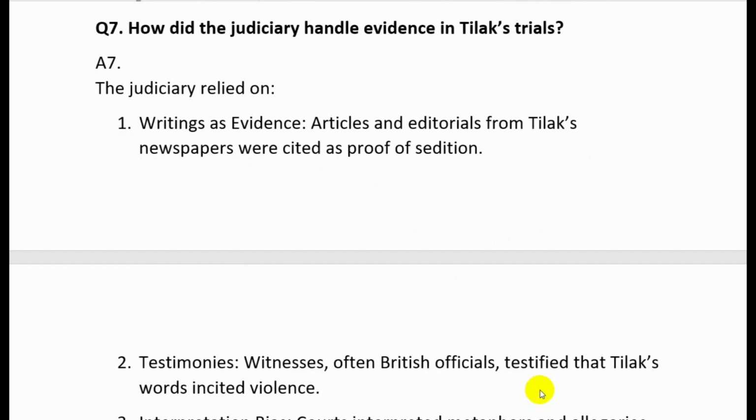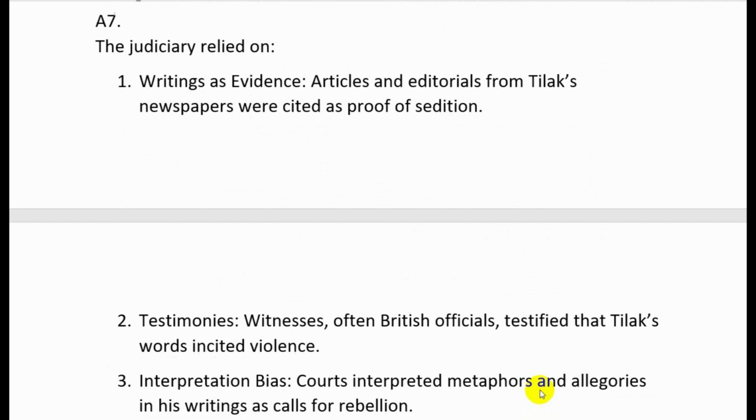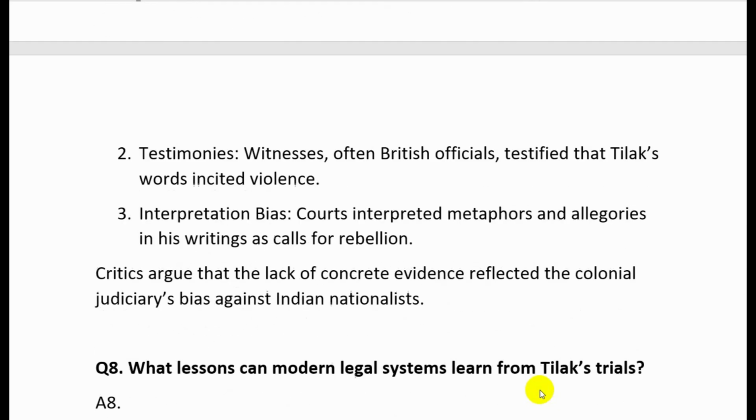How did the judiciary handle evidence in Tilak's trials? The judiciary relied on writings as evidence. Articles and editorials from Tilak's newspapers were cited as proof of sedition. Testimonies: witnesses, often British officials, testified that Tilak's words incited violence.